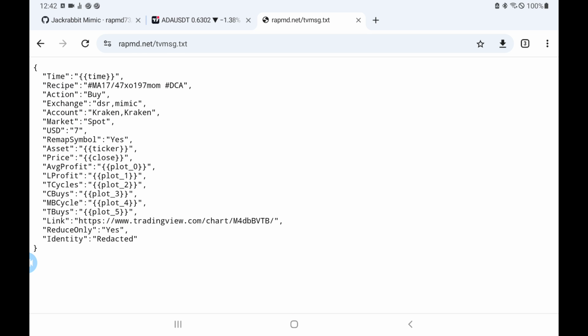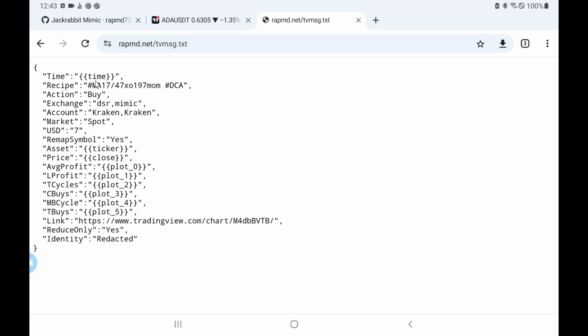And here is that alert message. Now, I've redacted the identity, which of course you have to have. Yes, even with Mimic, you have to have the identity. It is important that all functionalities stay exact and identical to everything that Relay normally enforces.